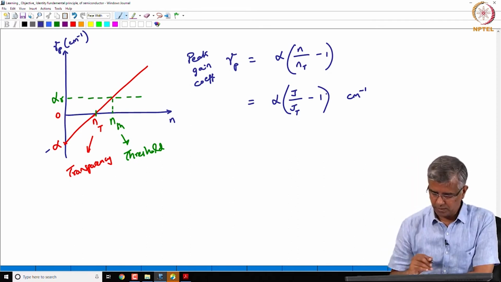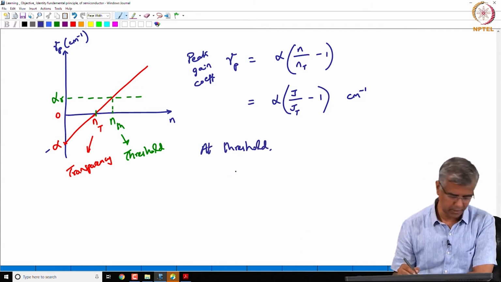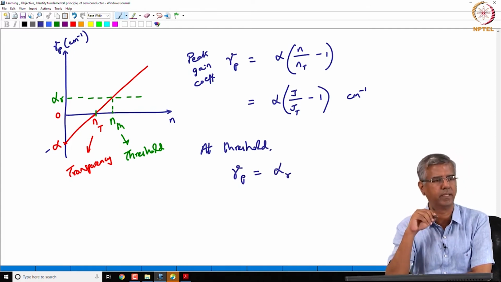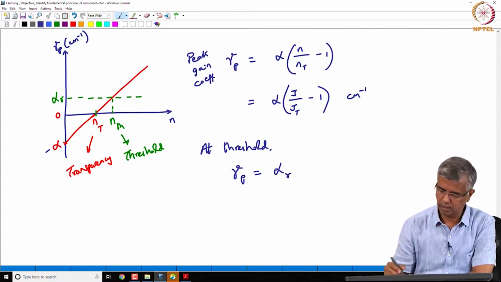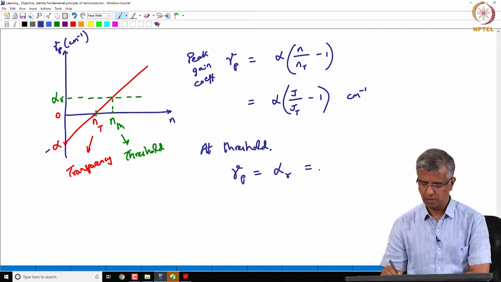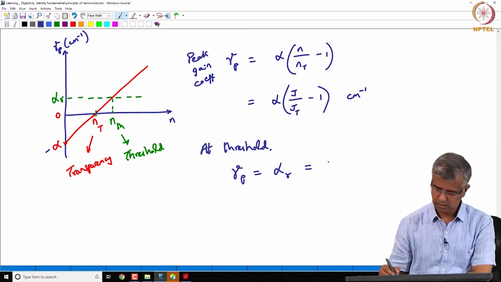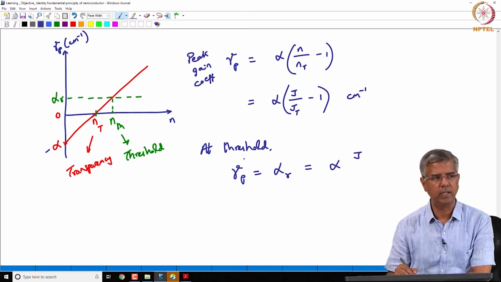Now, what happens at threshold? At threshold, we are saying that gamma p has to be equal to alpha r, the gain has to be equal to the loss, right. But gamma p is also given by alpha times J over Jt minus 1, and we are considering a threshold condition.